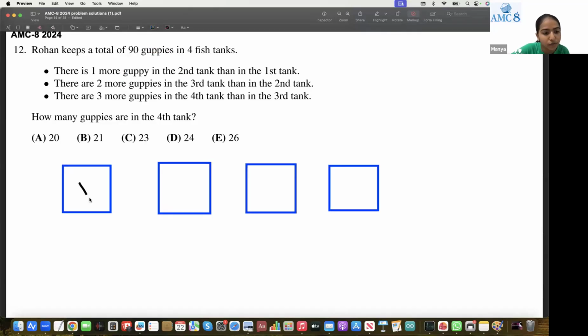So now we know that there's X number of guppies in the first tank, so X, and I'll write it here. In the second tank, there's one more guppy than the first tank, so X plus 1.